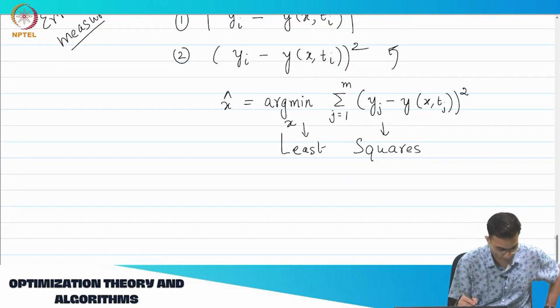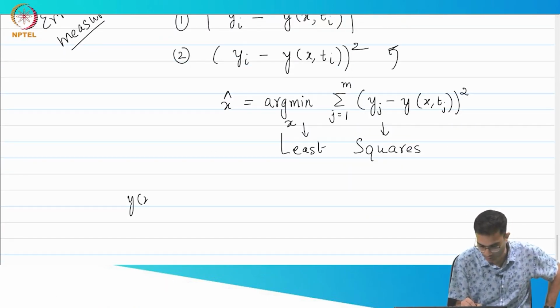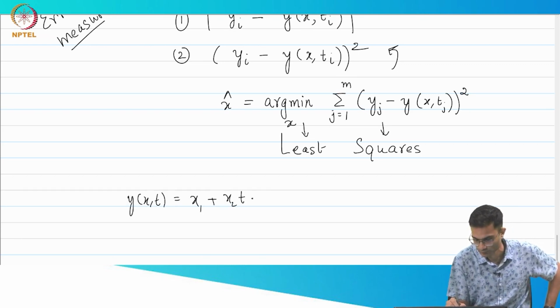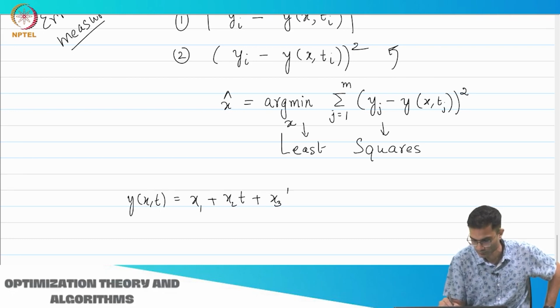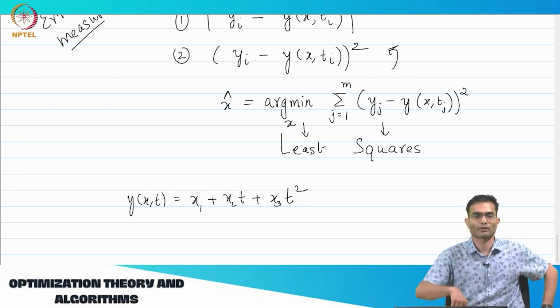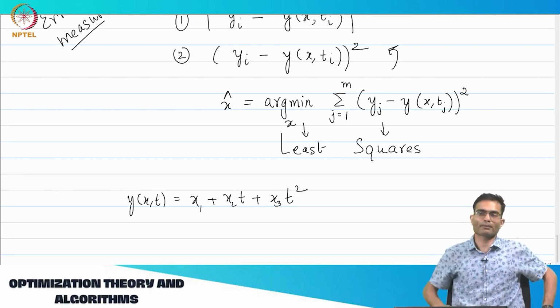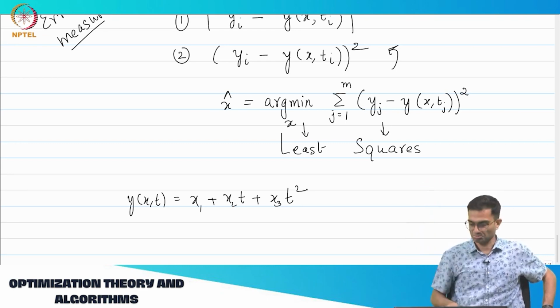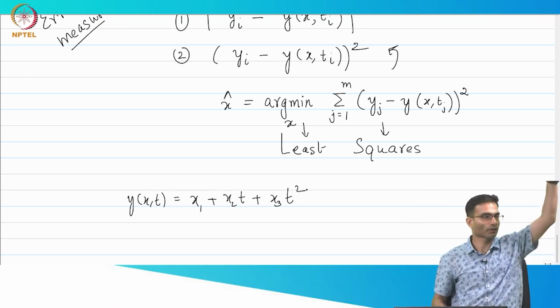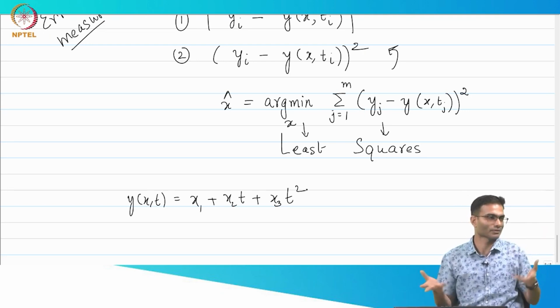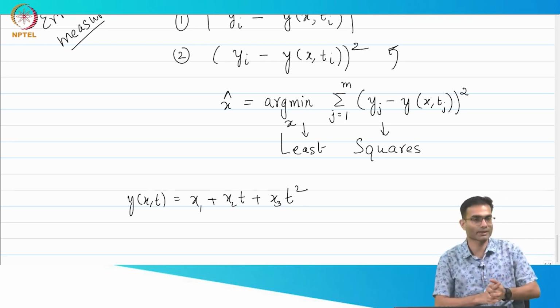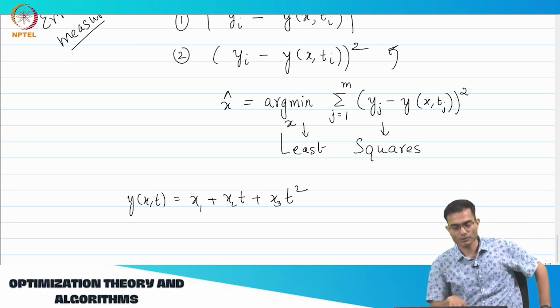On the other hand, let's say that my model was something like this. This could, for example, come if I'm trying to model the distance covered by a ball that is dropped. Maybe it should be something like this, right? U plus AT, whatever. So it will be a quadratic.